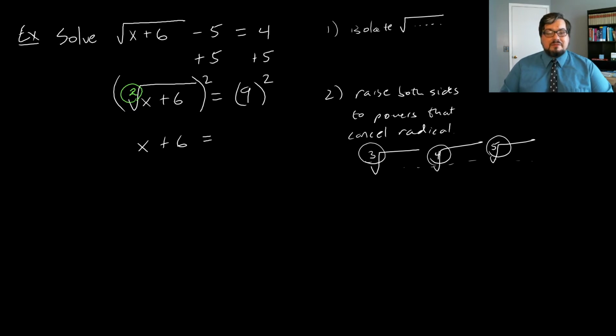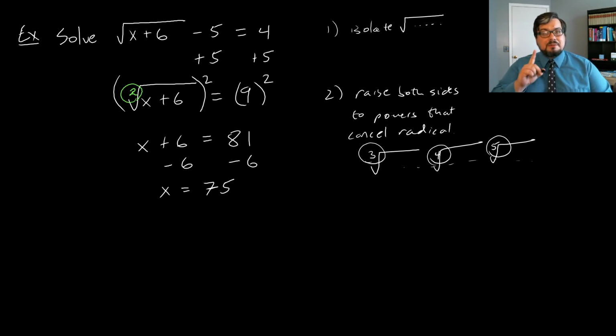And on the right, we have 9 squared, which is 81. So at this point, we've managed to turn our equation involving a radical into one that's really just linear, and in fact a very simple linear equation as well. We'll just want to subtract 6 from both sides to get x is equal to 75. And we want to claim that that's our solution.